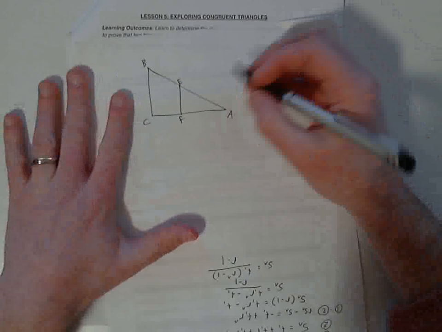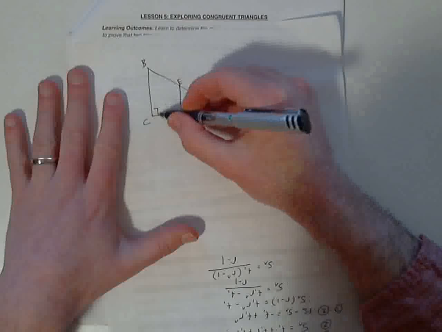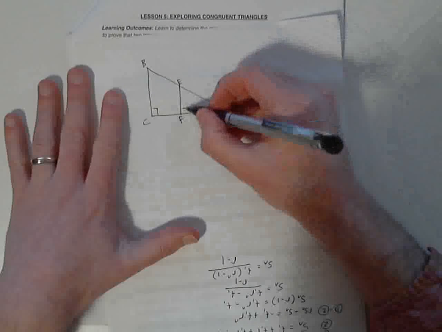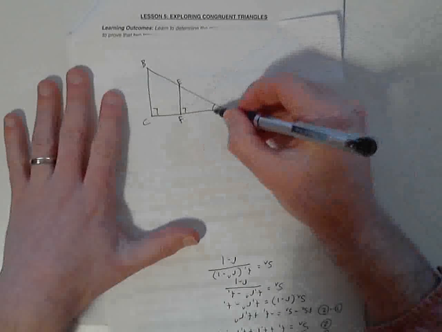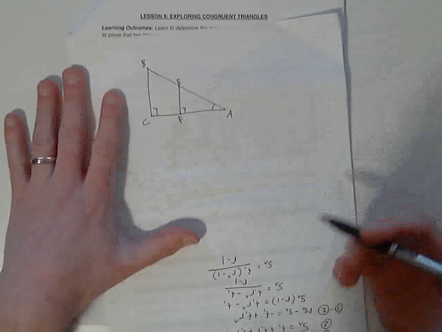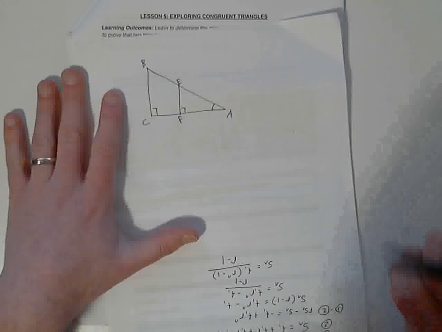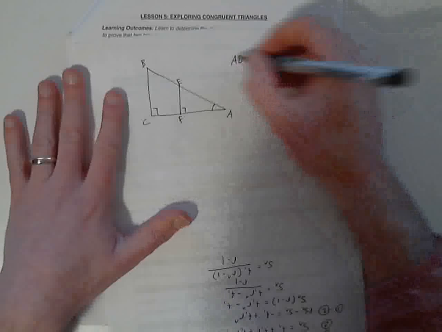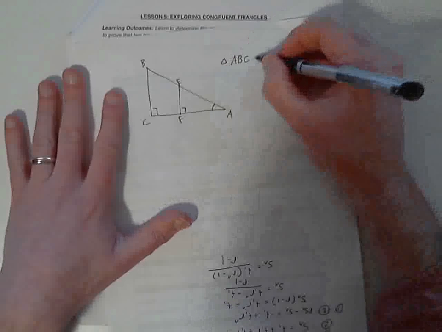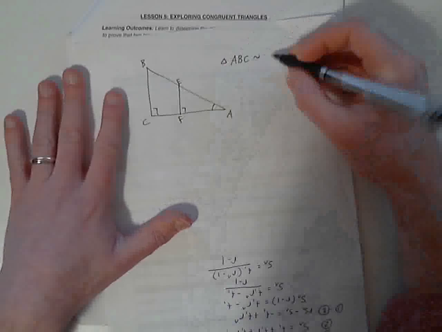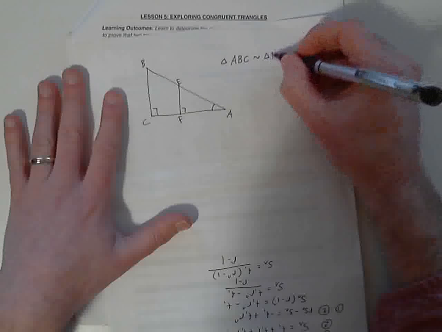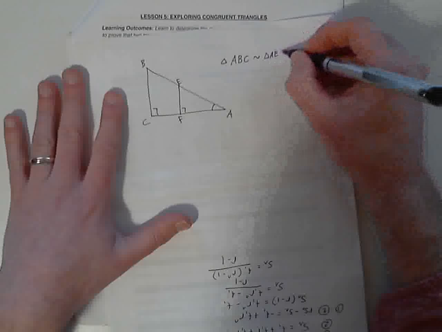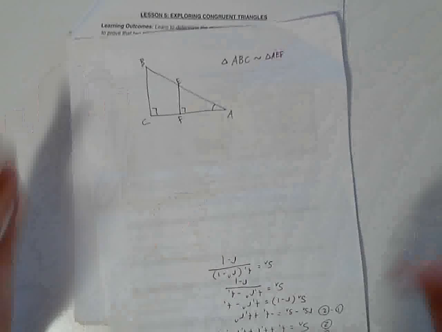In this case, they both share a 90-degree angle there and here, and they also both share angle A. They both have exactly angle A in them. So we wrote it like this: triangle ABC is similar to triangle AEF. So these two things are very similar to each other.